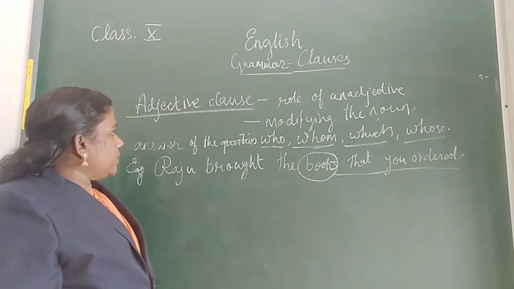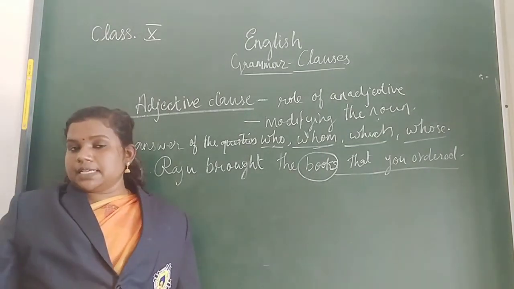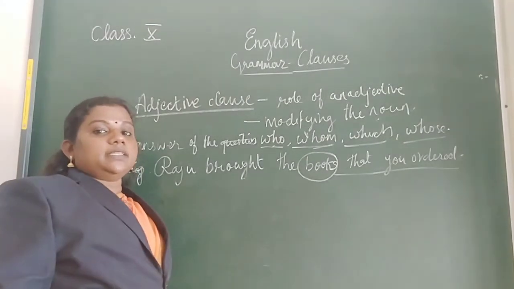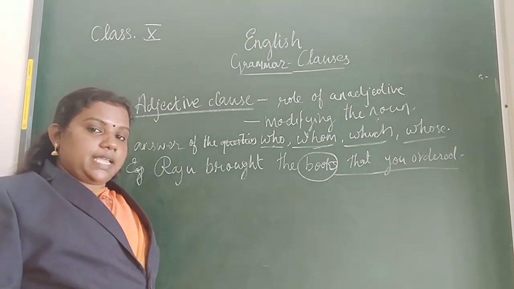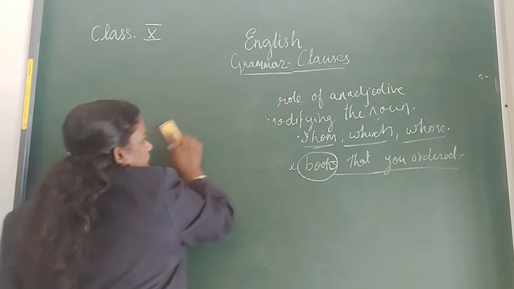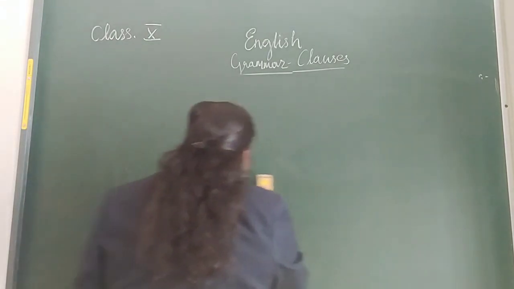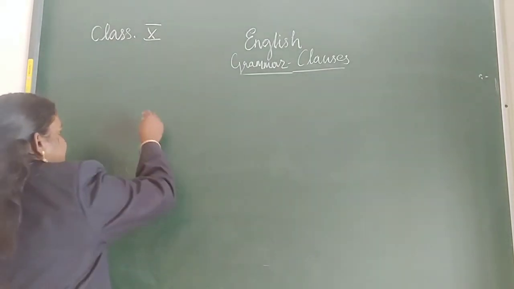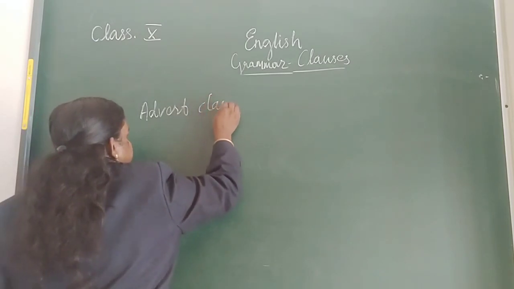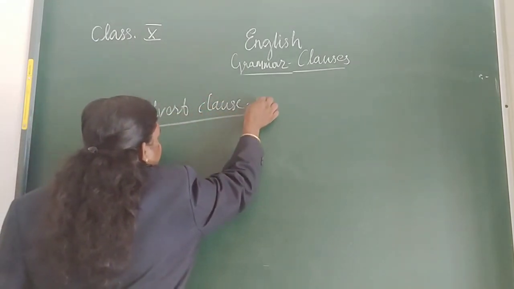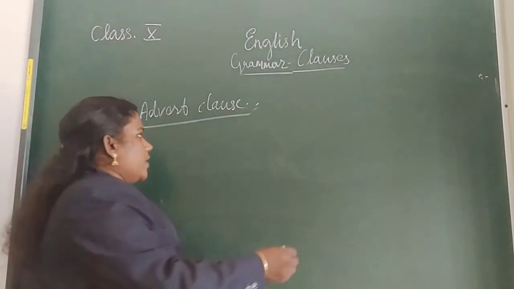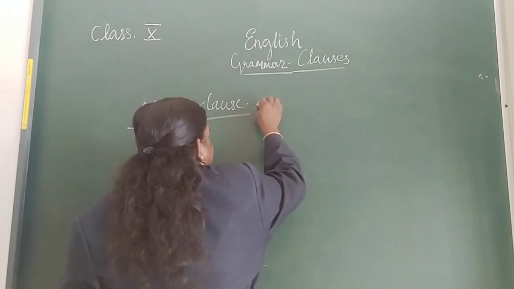So, now we are going to see the last clause, that is adverb clause. What is adverb? Adverb is modifying the verb or adjective or adverb. Adverb clause. It is also a dependent clause.